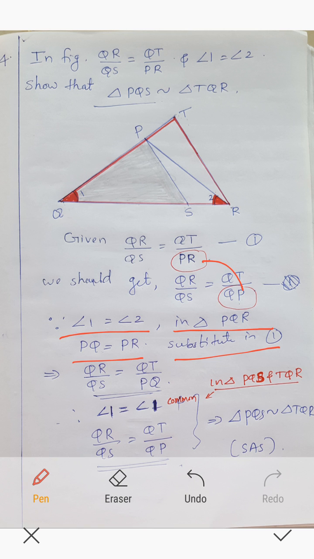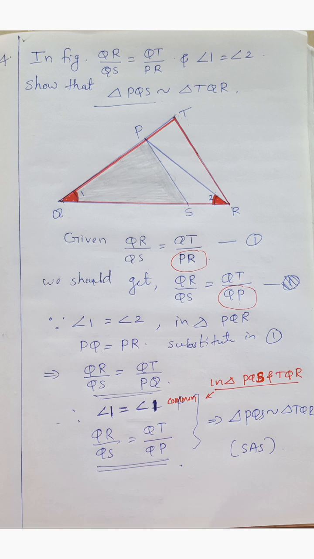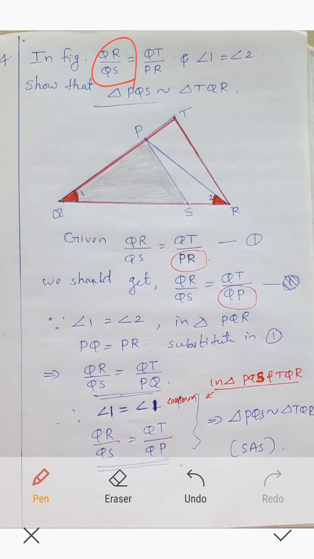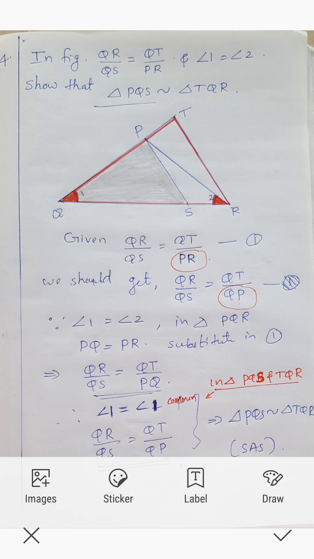Sides opposite to equal angles are equal. So, this ratio QR by QS equal to QT by PQ. Why did it become PQ? Because PQ equal to PR, so this PR can be replaced by PQ.